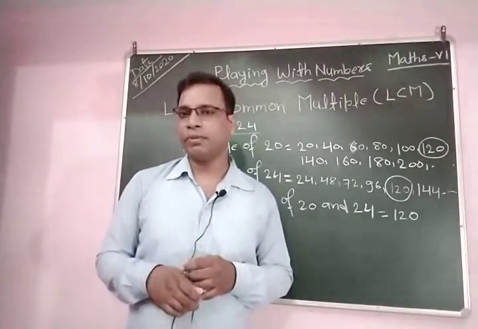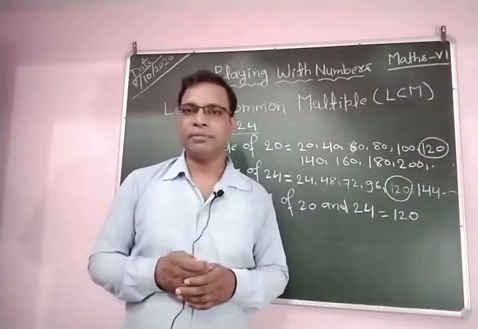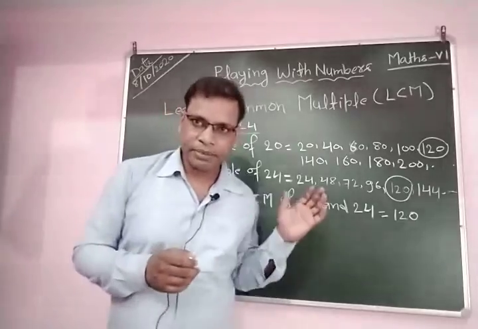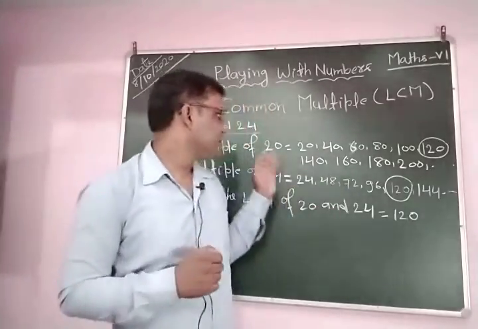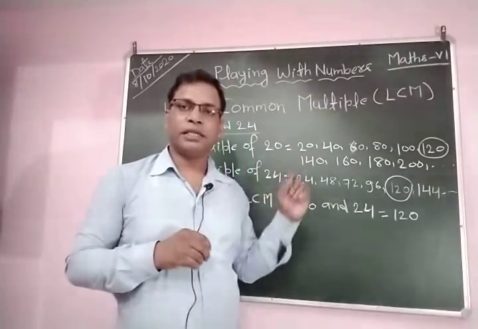So let's see one example with more than two numbers and try to find the LCM. But this method is used only for very small numbers, because here you can see we face some difficulty in finding their multiples.